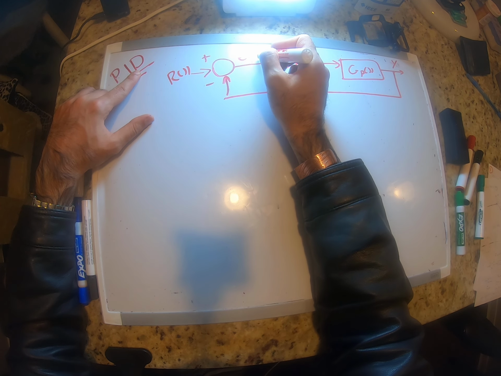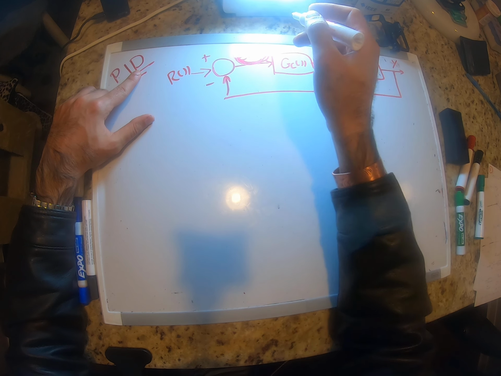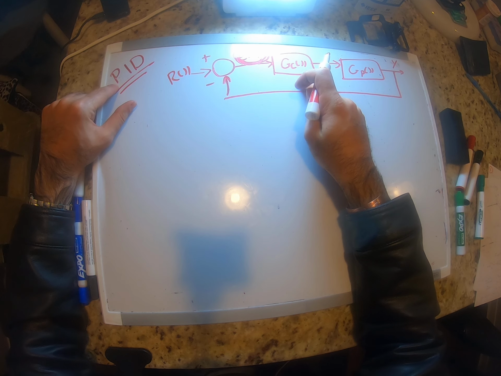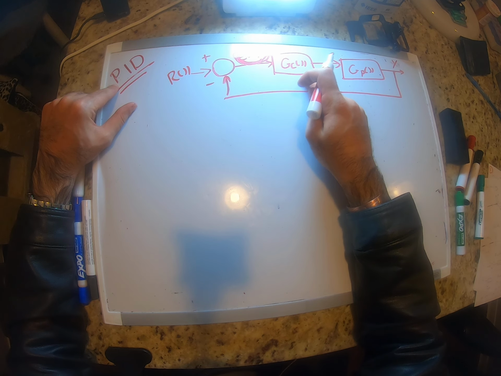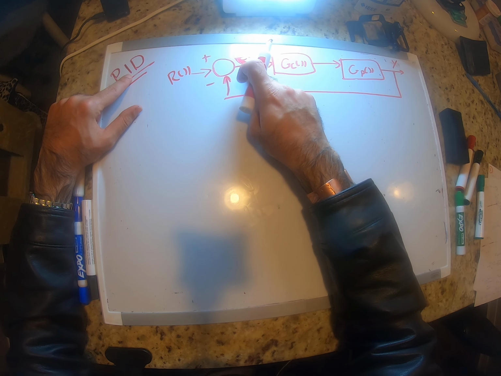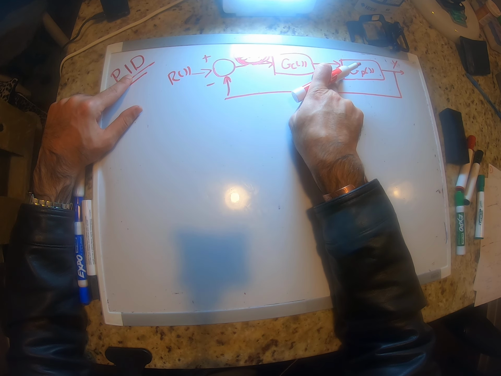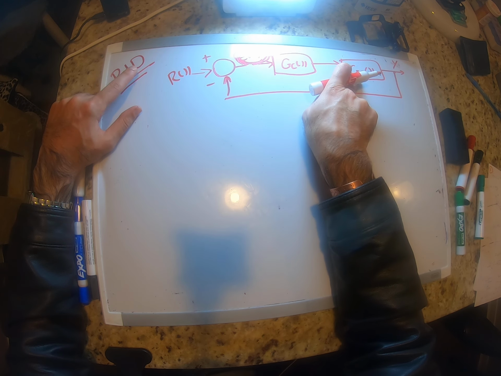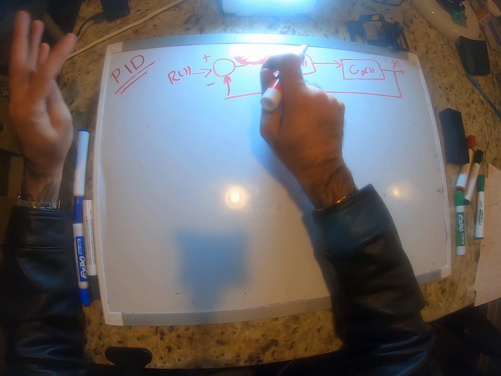So after finding out the error, we either multiply that error by a factor and give it to the controller to adjust the input to the plant, or we take the integral of the error and give it to the controller to find the new modified input to the plant, or take the derivative of the error, or a combination of all of them, or a combination of 2 of them.